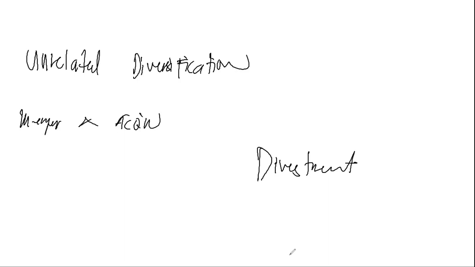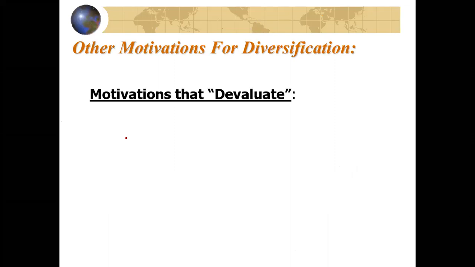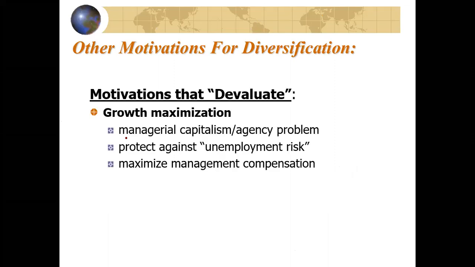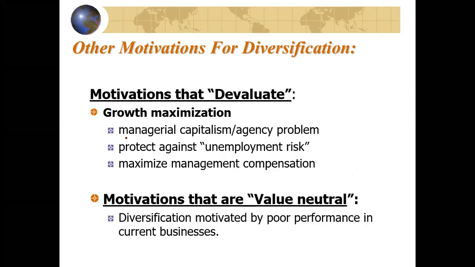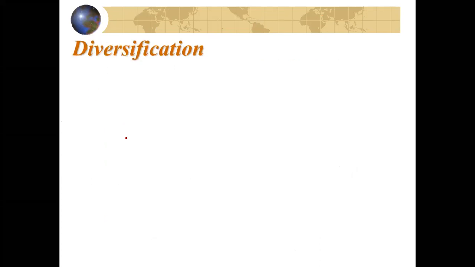Another is providing the firm with more resources to spend on more attractive alternatives and raising cash to help fund existing businesses. Let's go back to the slides. Again, your motives of diversification are value enhancement, growth maximization, and neutral value.